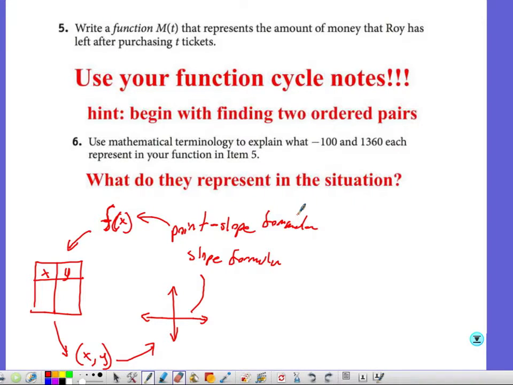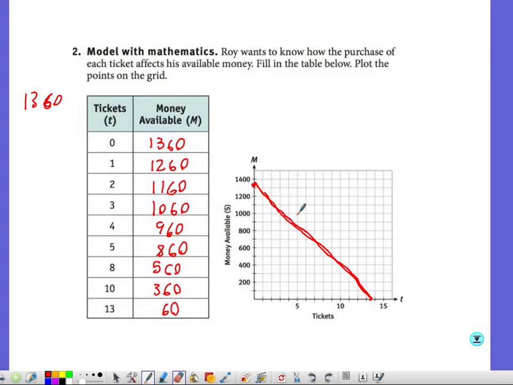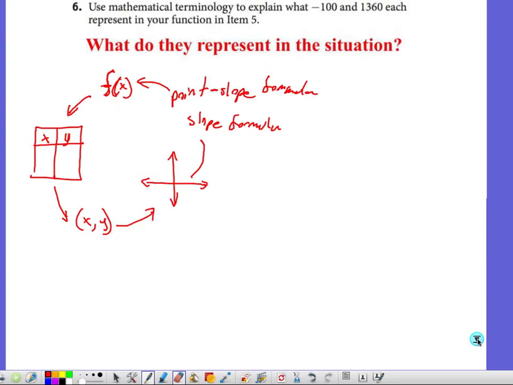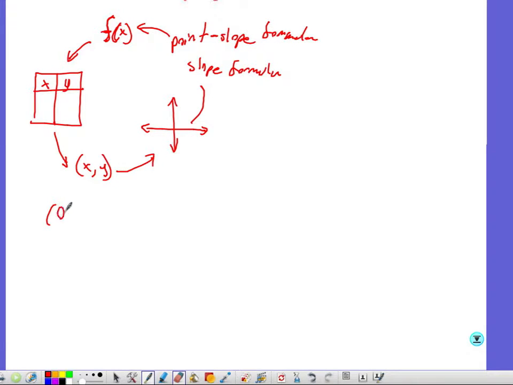So in order to find the function, the equation, let's go ahead and take two ordered pairs. Now we want to make it easy for ourselves. We want to use the one that has 0 and 1. So we'll take 0, 1360, and 1, 1260. So our ordered pairs are 0, 1360, and 1, 1260.